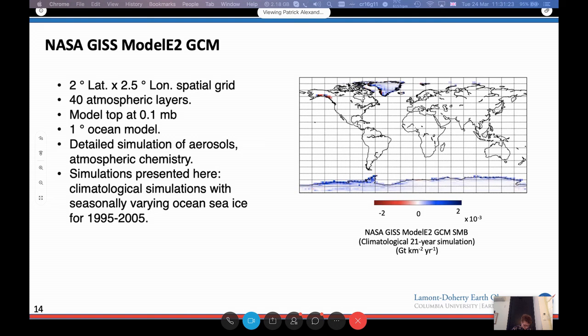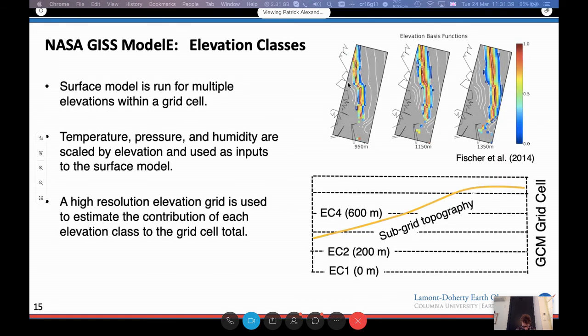So one advance that's been recently added to the GCM is the system of elevation classes. With the elevation classes, we can divide every grid cell in the GCM over different elevations.